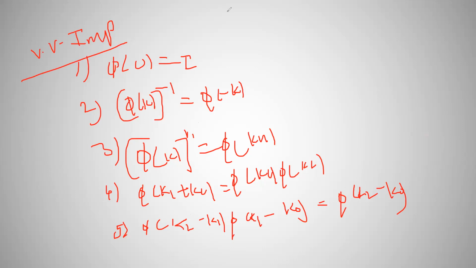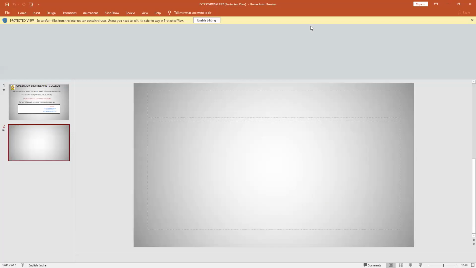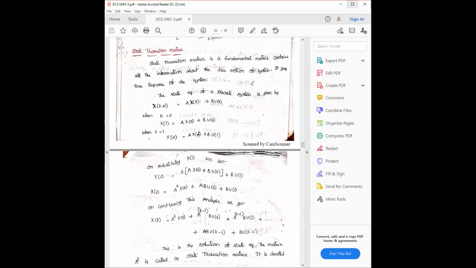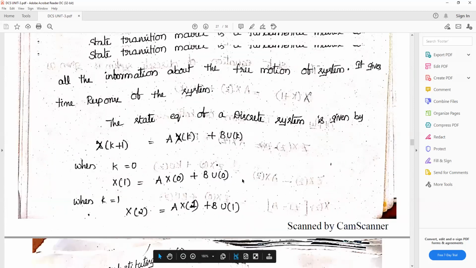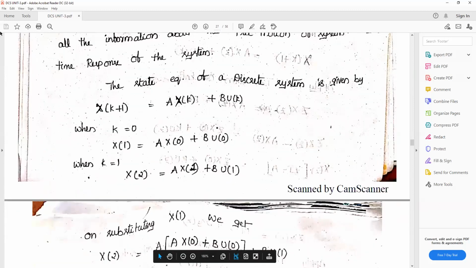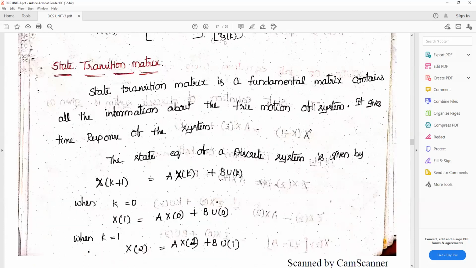So next, state transition matrix. Last class we discussed the state transition matrix.